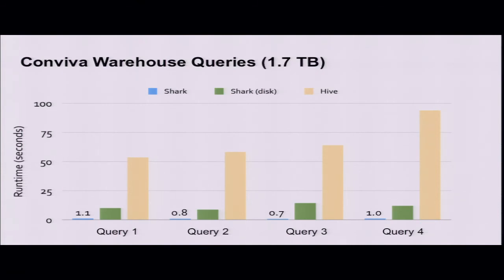Now, the interesting aspect is that even when the data is on the disk, Shark takes much less than Hive. Why? Because of a host of improvements we have. We use column-oriented storage instead of row-oriented storage, which is much more efficient. We also have many other improvements, like scheduling. With Hadoop, it takes between 1 and 3 seconds just to learn that a slot is available to schedule a new task on it.